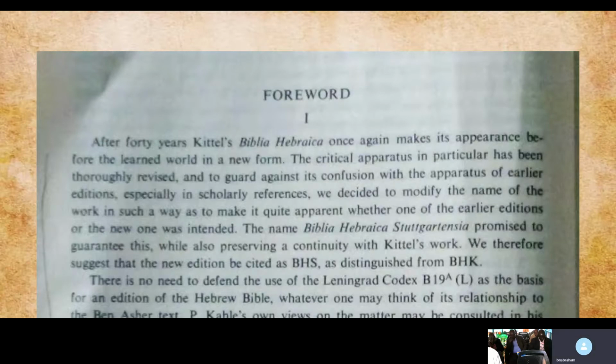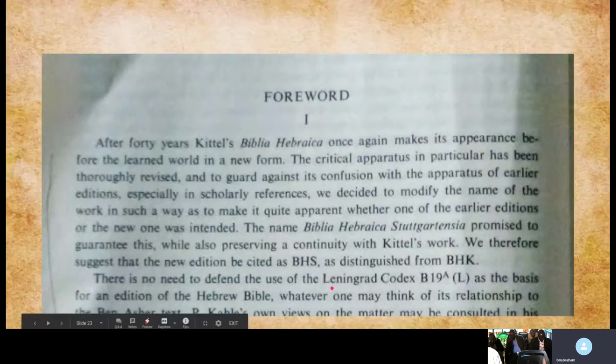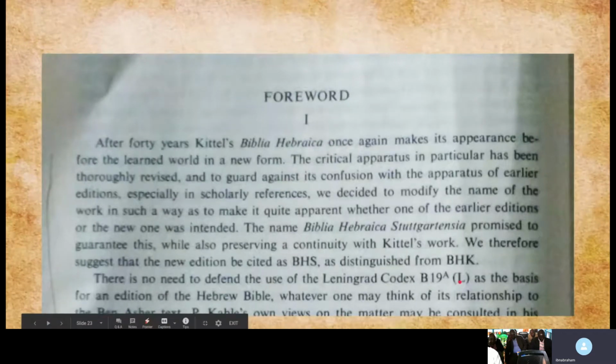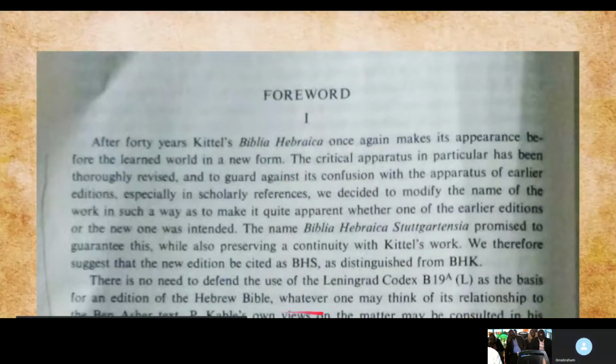The foreword is a very valuable thing, regardless of which text you're using. For example, in this one, they tell you that they used as the text base the Leningrad Codex B 19A, which is abbreviated as L. So that tells you where this particular group of text comes from.